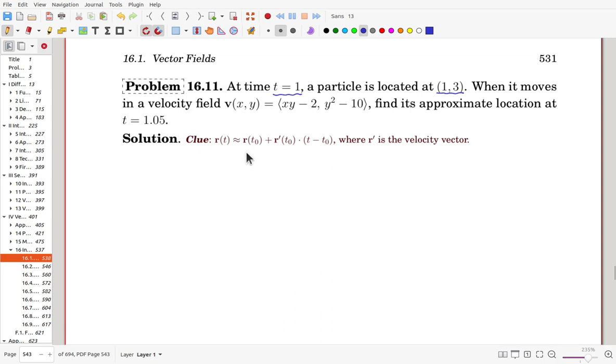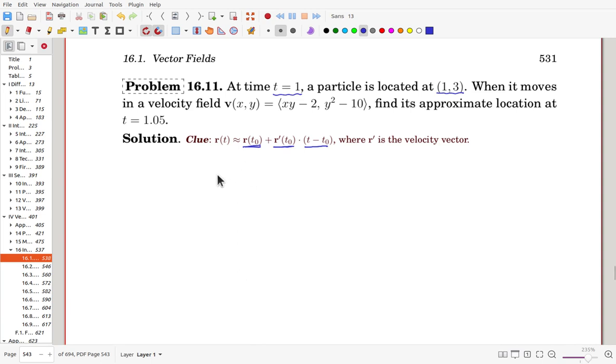That can be computed by using linearization. r of t is the current position plus the velocity at that position and time. Okay, that gives the approximate location.